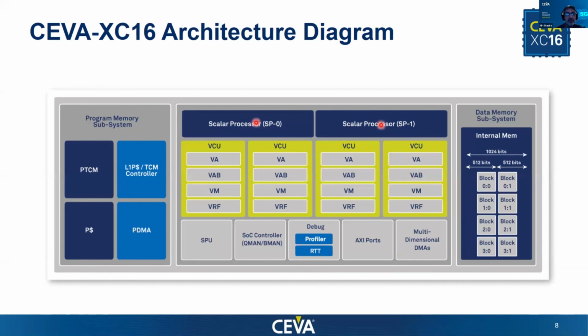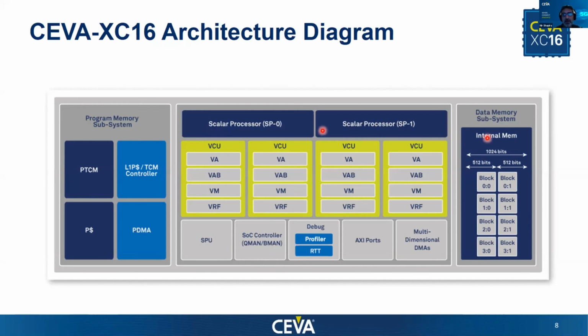Now, each of these execution units has its own program memory subsystem, with its own tightly coupled memory or level 1 cache. But what is interesting in this architecture is that the two execution units share the same data memory subsystem and other resources of this core.